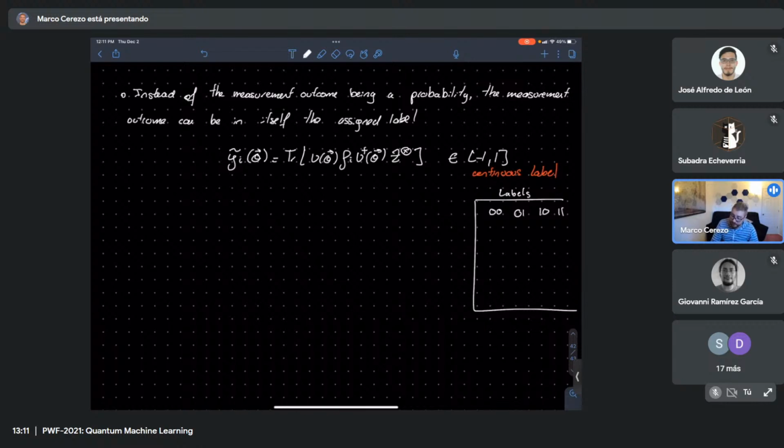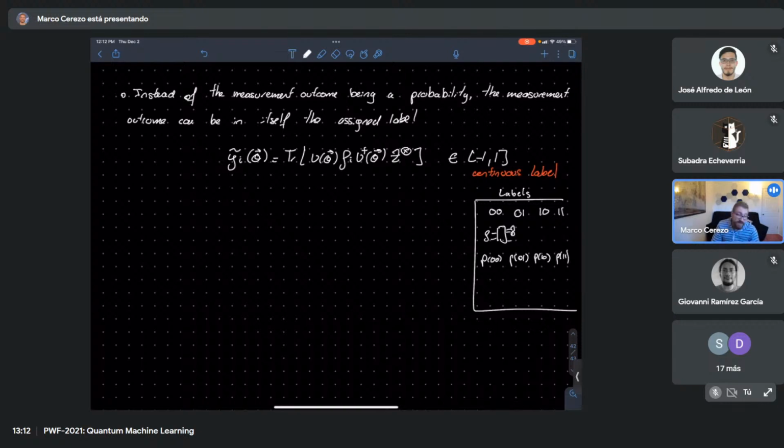What I can do now is measure 2 qubits, and let me think about probabilities like we were doing. What is the probability of me assigning a label? I have my quantum system, and I'm just going to pick 2 qubits to measure. I'm not going to do anything to the other 2 qubits, and I'm going to check the probability of getting outcome 0, 0, outcome 0, 1, outcome 1, 0, and outcome 1, 1.